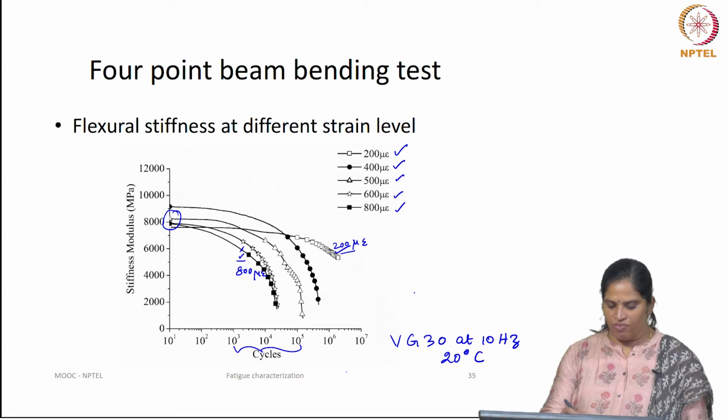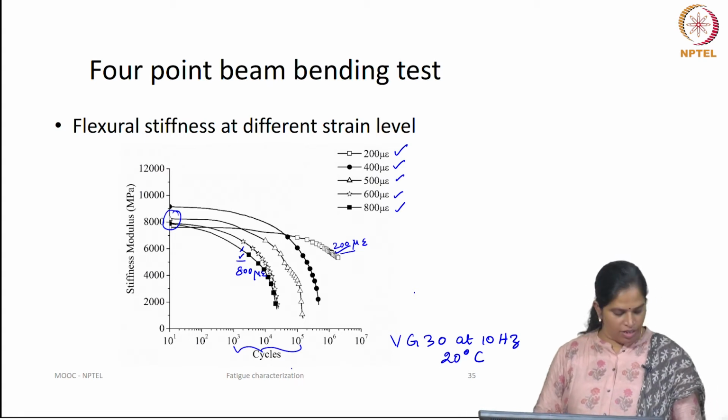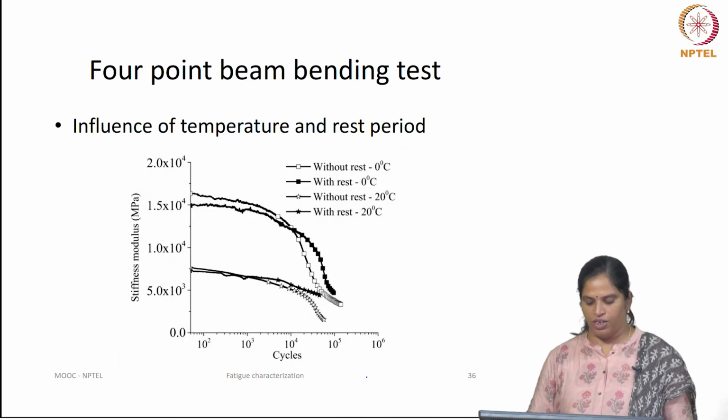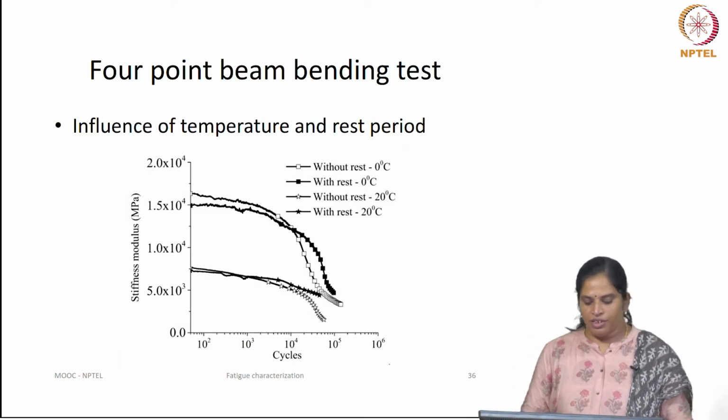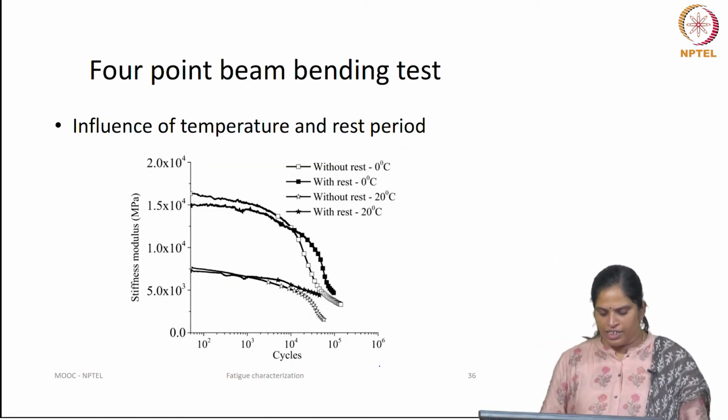So, this is how the flexural stiffness varies. The reduction in flexural stiffness depends on the strain we use. Again, the evolution of flexural stiffness also depends on the test temperature.